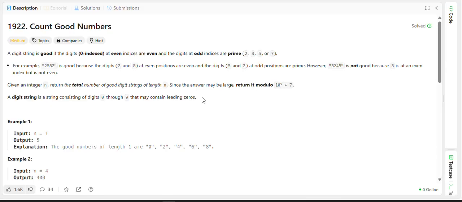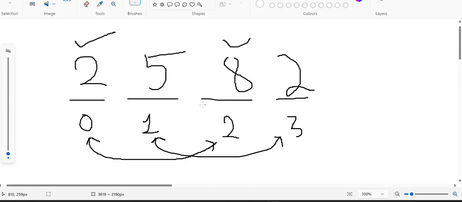What are the digits that can be prime from 0 to 9? It can be 2, 3, 5, or 7. If you don't know it, no problem, it has already been given that 2, 3, 5, 7 are the prime numbers, right? So, 5 is a prime at an odd index, and 2 is a prime at an odd index. So, this is good according to the question.